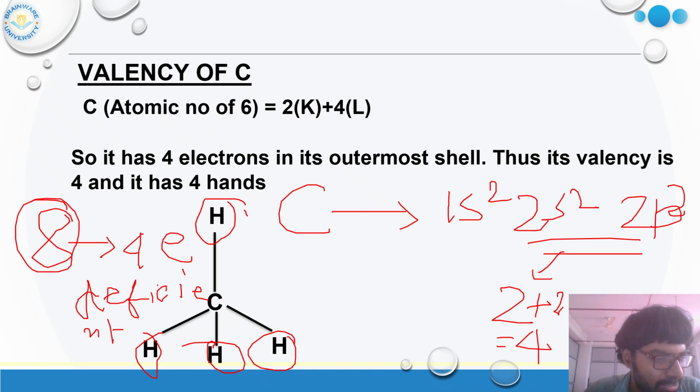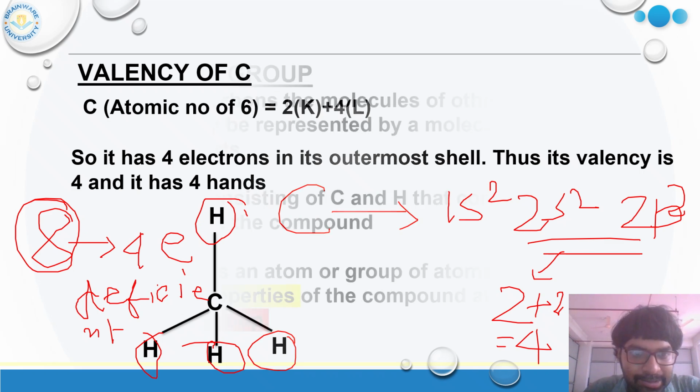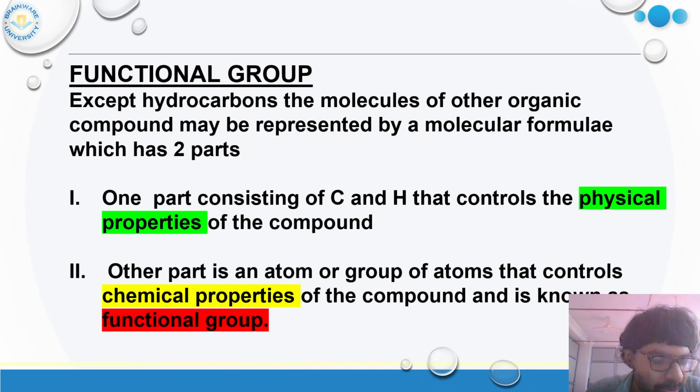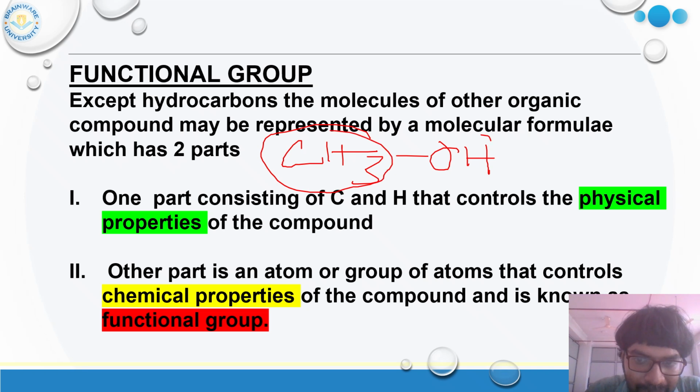Now we are proceeding to the next slide. Now we have to know an important concept, functional group. Just look at this, CH3OH, methyl alcohol. This molecule contains 2 parts. One part is the CH3, another part is the OH. What does CH3 do?